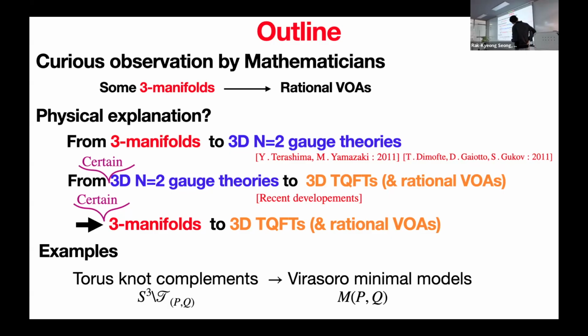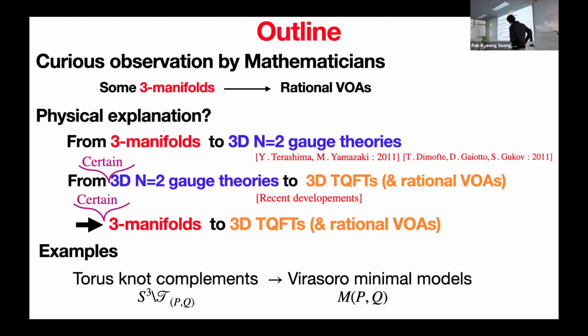So combining these two correspondences, if we carefully choose a certain manifold, then from this map we can assign a 3D TQFT determined by this 3-manifold, and also a rational VOA determined by this 3-manifold. The main example of my talk is the torus knot complement case.